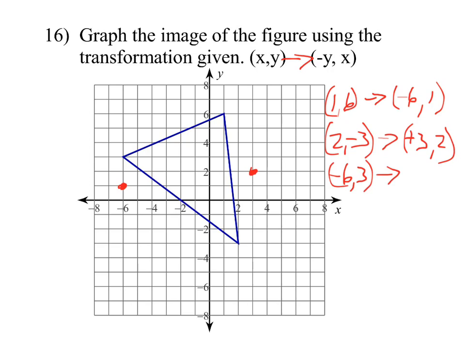I need to change the order and change the sign on the first one, which gives me -3, -6. So I go -3 and -6, and there's my new vertex, and I have all 3. Connect those up, and you have your figure, which has been rotated 90 degrees counterclockwise.